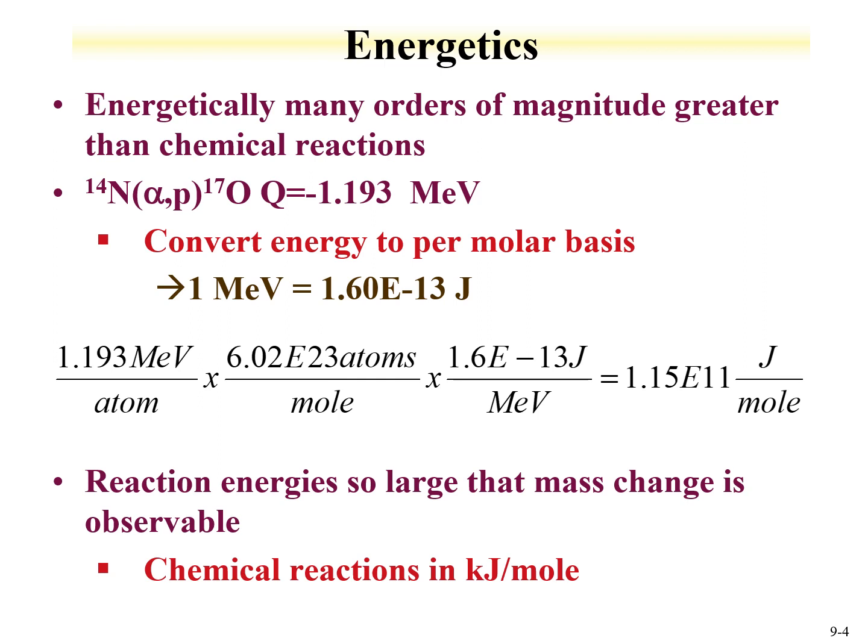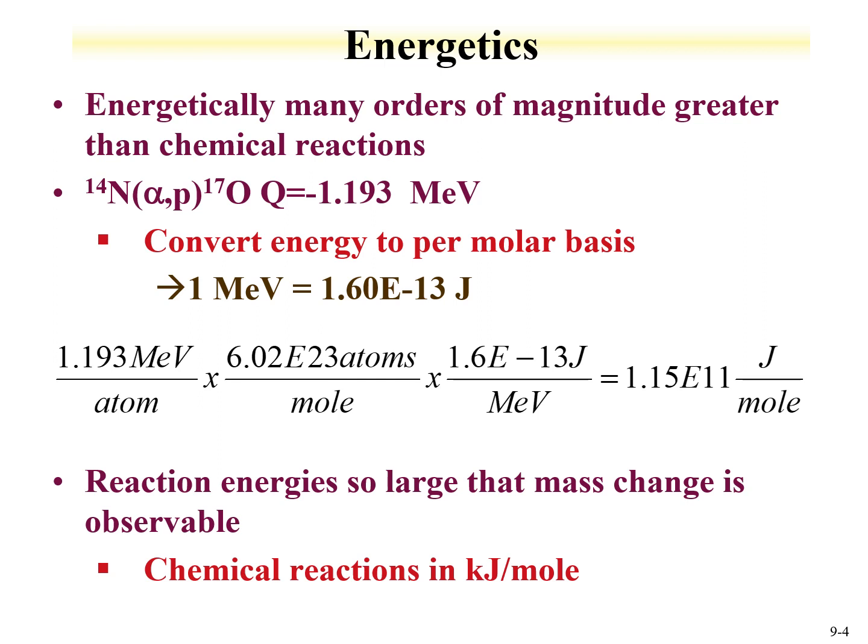So if we take the reaction we discussed on the earlier page, we calculate the Q value for this reaction. The Q value is a little bit under, just around -1 MeV. Now, to describe this sort of reaction, we can talk about it on a per molar basis, so we can compare it with a chemical reaction.